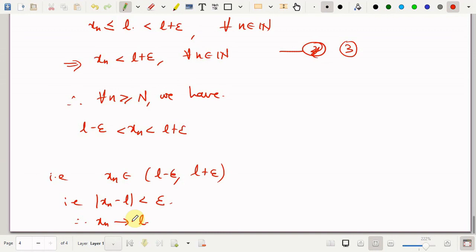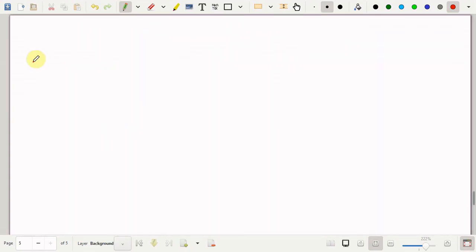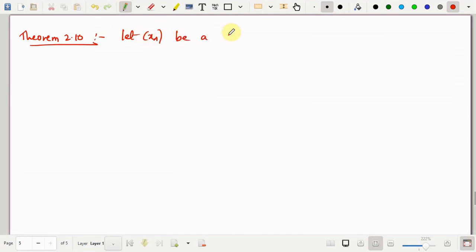Okay, now a very analogous statement one can frame for the decreasing sequence would be this. So I'll call this Theorem 2.10, which says: let x_n be a decreasing sequence. So once it is a decreasing sequence, we know that it is bounded above.